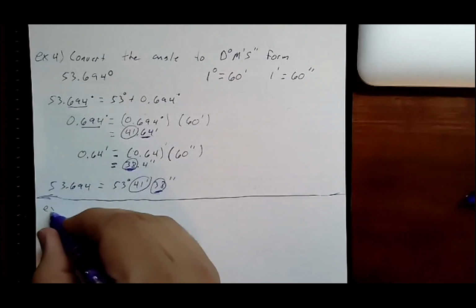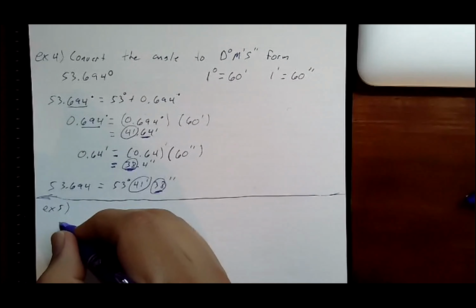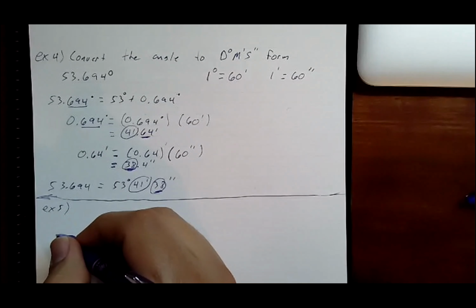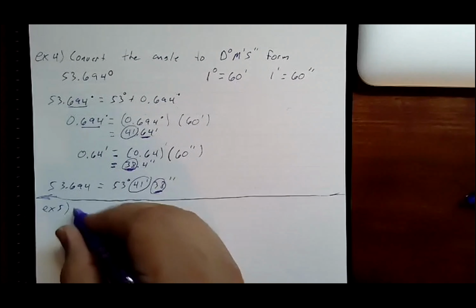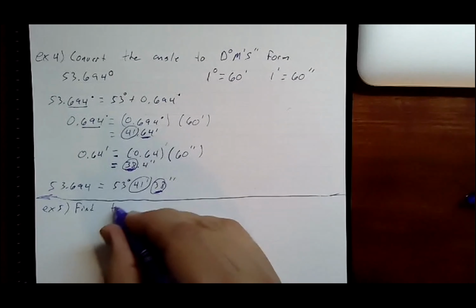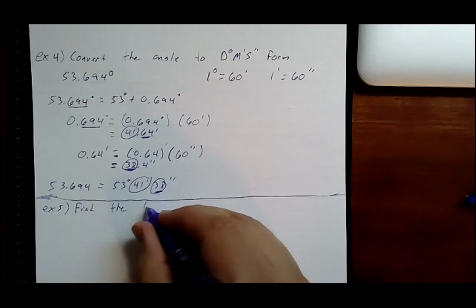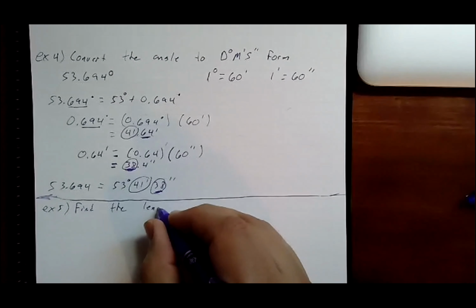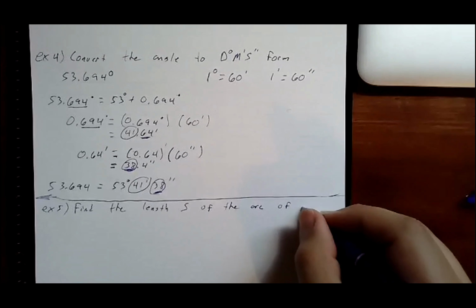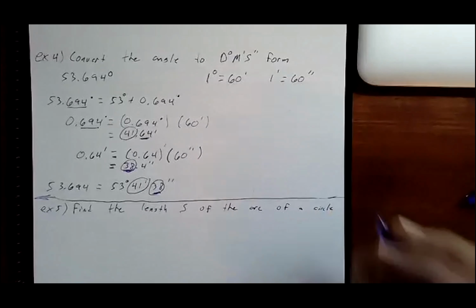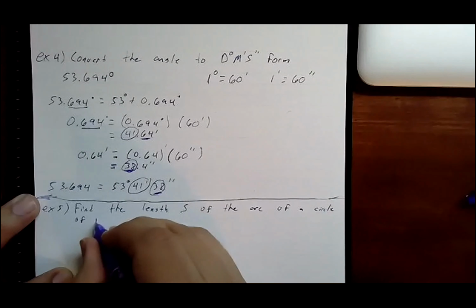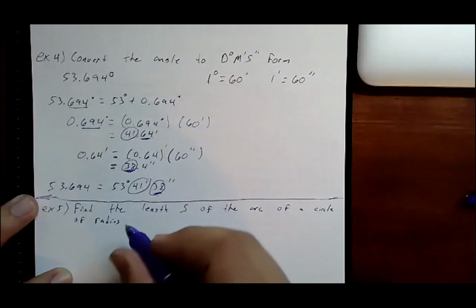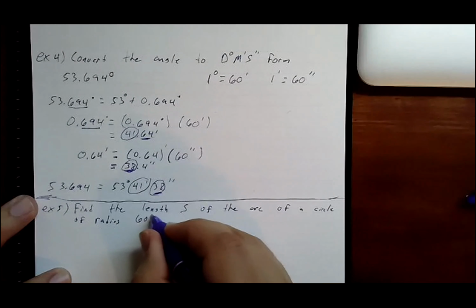Now let's move on to arc length. Find the length S of the arc of a circle of radius, let's say 60 degrees.